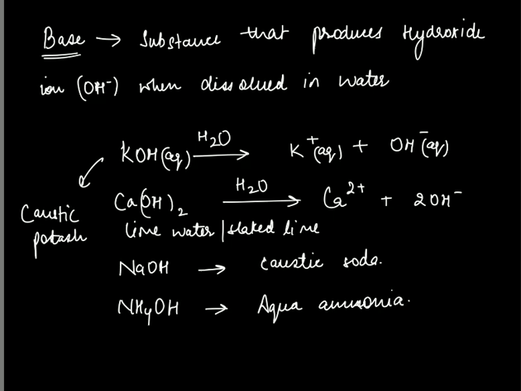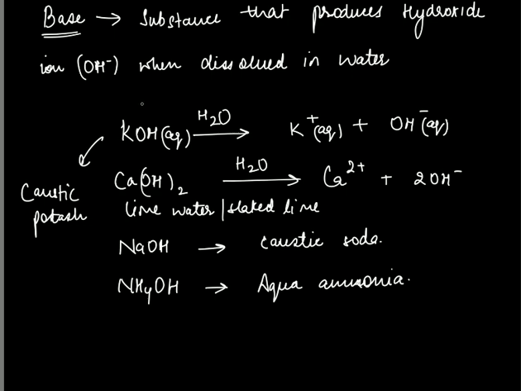Now, just like acids, we have bases which have certain uses. Sodium hydroxide is used in the manufacture of soap. We cannot make soap if sodium hydroxide is not present. It is also used for refining of petroleum, and even for paper and pulp formation.